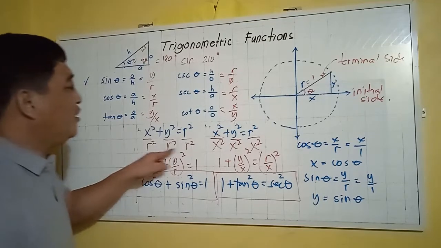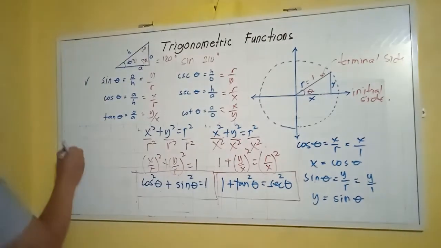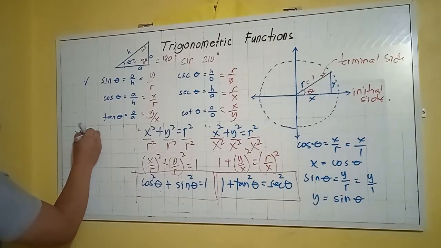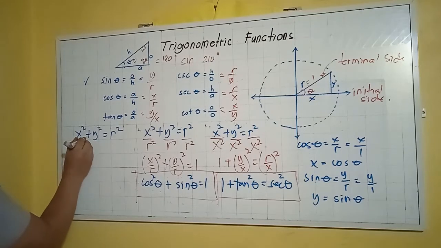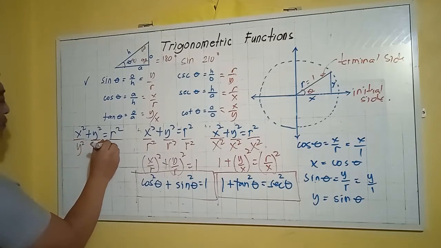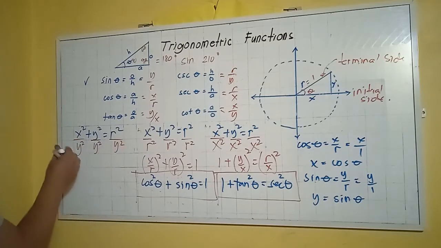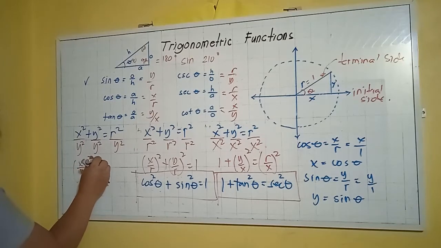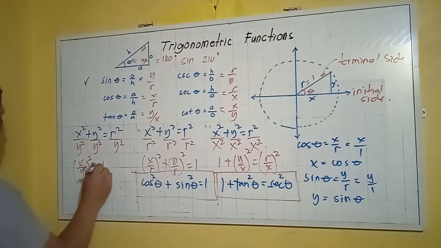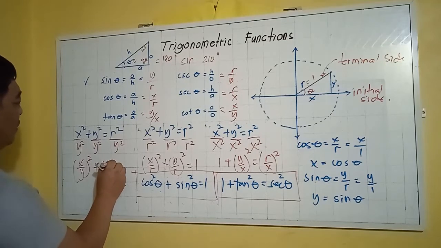If I'm going to divide this by y square, what will happen? X square plus y square is equals to r square, divide it by y square. So now we have x over y square plus y square over y square, we have 1, that is equals to r over y square.